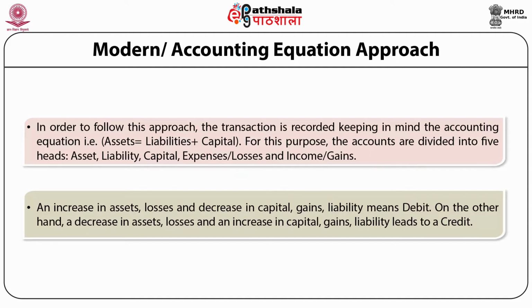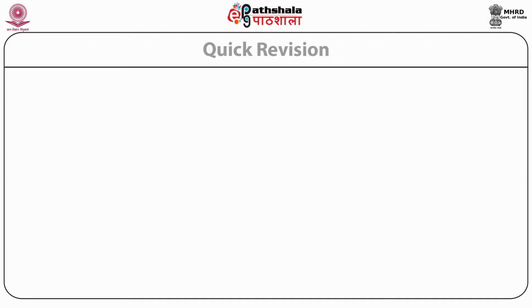An increase in asset means debit, whereas a decrease in asset means credit. The journal entry for the same would be furniture account debit rupees 6 lakhs to bank account rupees 6 lakhs. In summary, we'll write being furniture purchased and paid in check.